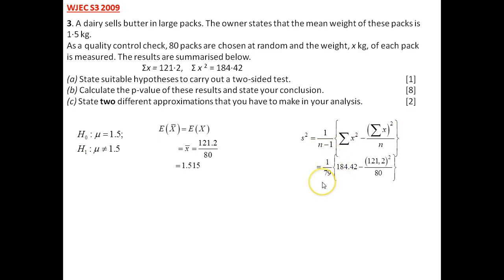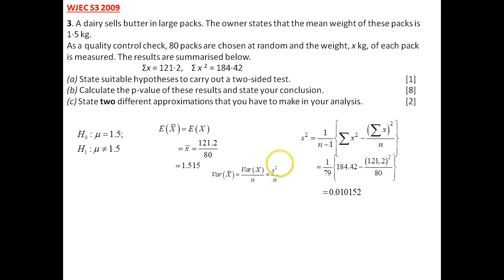So 1 over n minus 1, 79, sum of x squared minus the sum of x all squared over n, and that comes to 0.010152. So our variance for the sample mean is the variance of x over n.